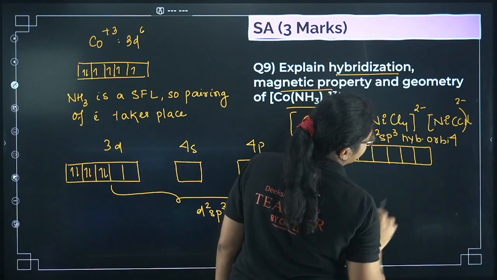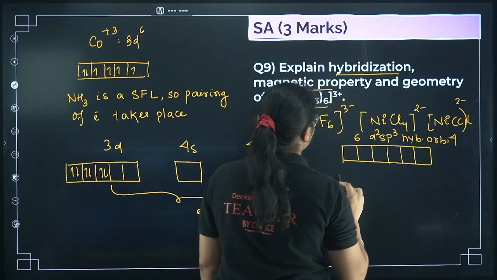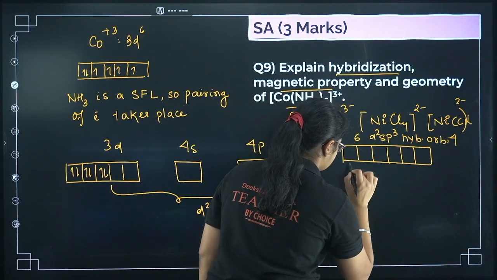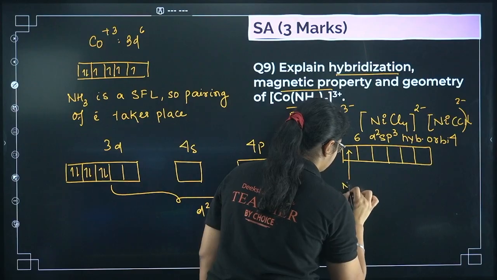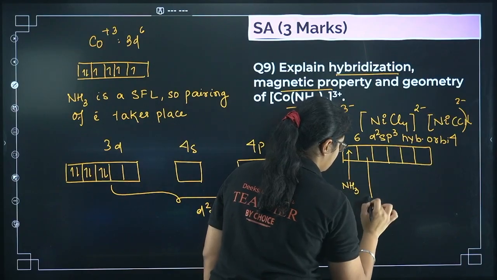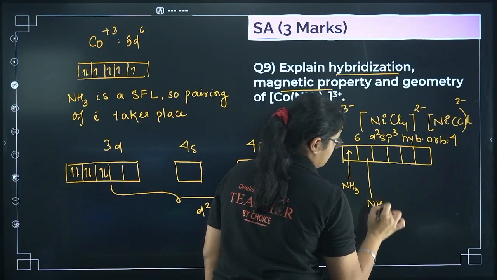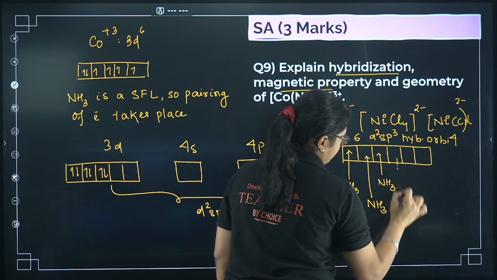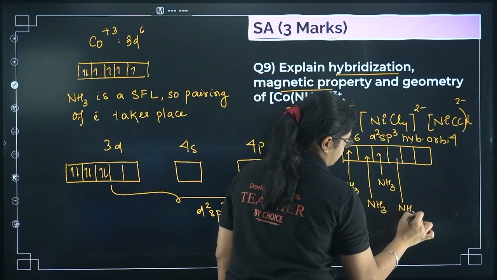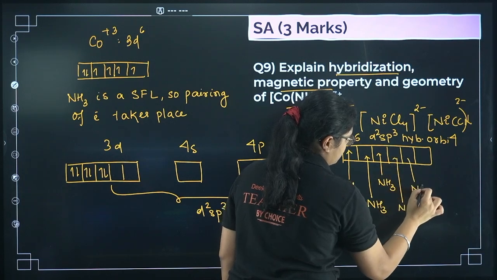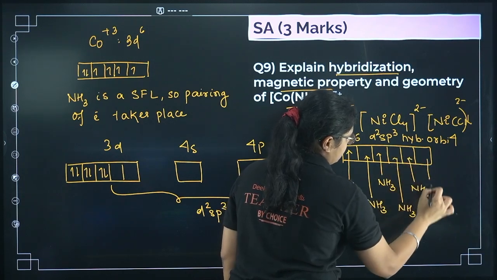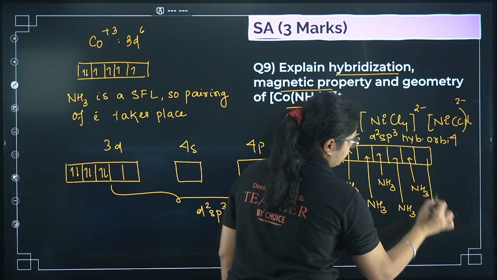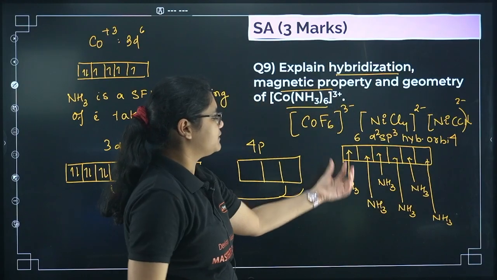orbitals. Now which is the ligand here? NH3 is the ligand here, so we will have NH3, like this you have to write in the exam. Now these ligands will donate the electrons.